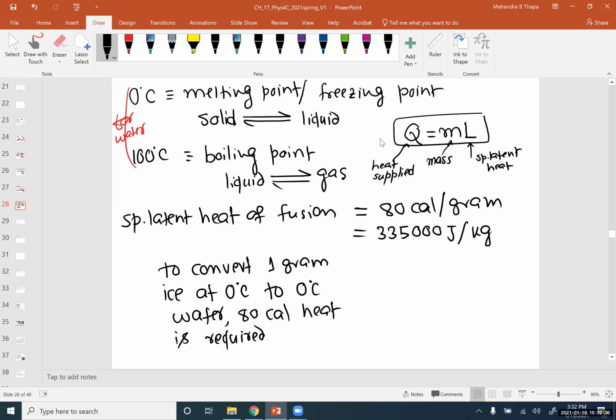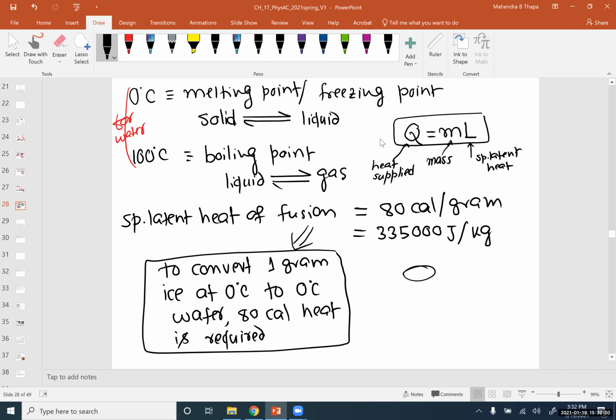This gives you the meaning of the specific latent heat of fusion of water. We're just considering water here; other substances are similar. So you have this ice of 1 gram at 0 degrees Celsius. If you supply the heat of 80 calorie, the mass will not change, still 1 gram, at 0 degree water.